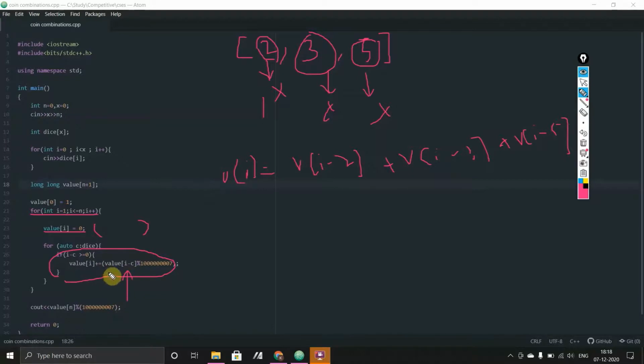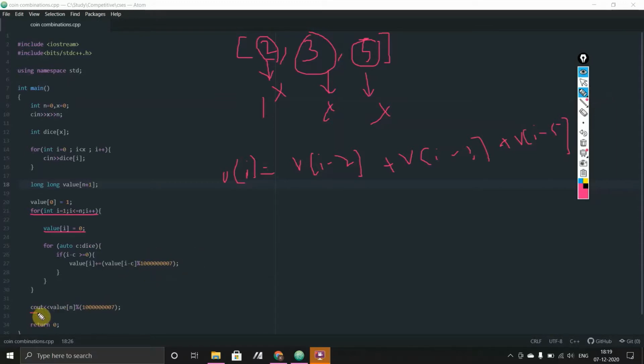So just to make those high numbers valid and make them distinct, we modulo it with 10 raised to power 9 plus 7, which is one of the biggest prime numbers that we know, and it fits perfectly the operation that we want, because it is very close to 10 raised to power 8 or 10 raised to power 12, or 10 raised to power 16, which are usually the size of the numbers which we can store in int, so that each number can be distinct.